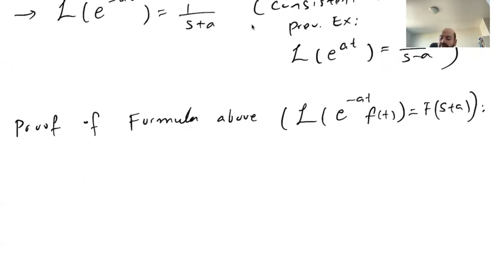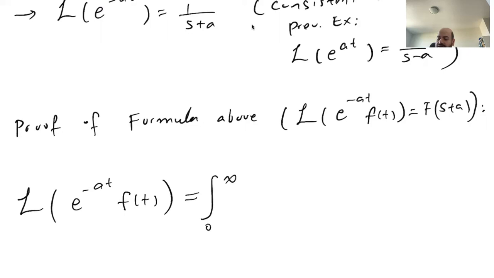So let's start with the Laplace transform of e to the power minus at f of t. According to the definition, this is the integral from 0 to infinity of e to the power minus st times this function here, which is e to the power minus at f of t dt.